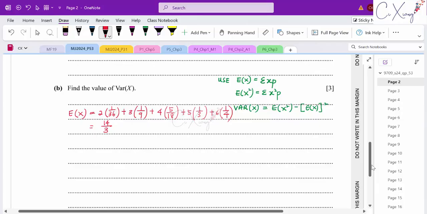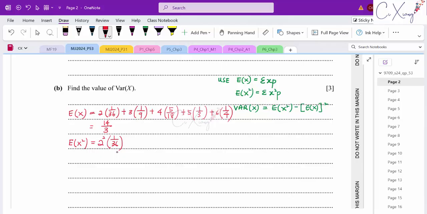Alright, after that, we need to get E(x squared). For the expected value of x squared, I need to square the x first before I multiply with the probability. Same thing happens: 2 is the x, so I square it first, then I multiply with the probability.